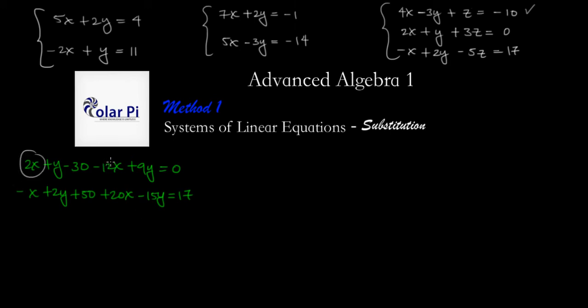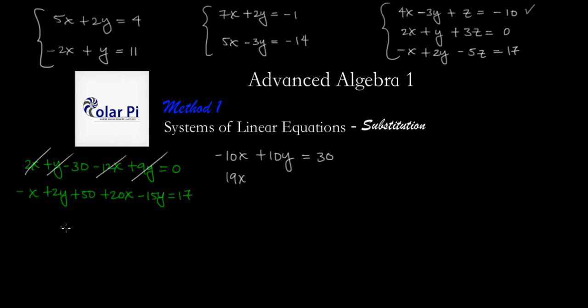For example, 2x and negative 12x make a negative 10x. So we've got negative 10x, and then those two are taken care of, and then y and 9y make positive 10y, and then we've got minus 30, but I'm going to take the 30 to the other side and write equals 30. Cool.